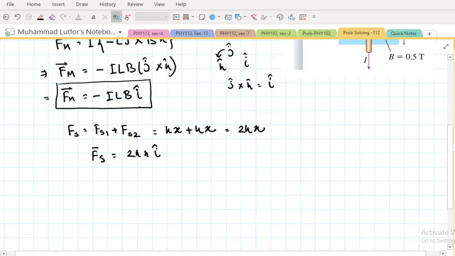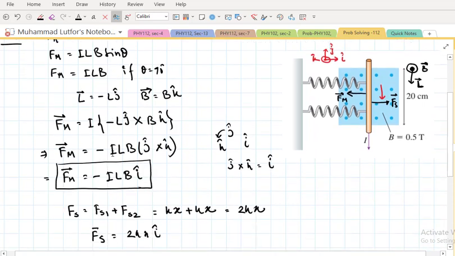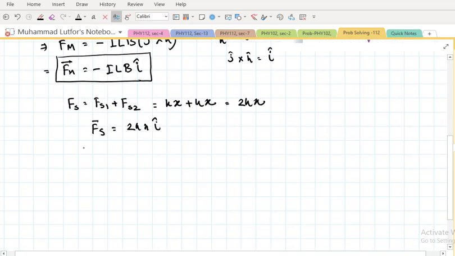Now these two forces must be basically equal, right? So now we can say this F_m must be equal to this F_s. Now F_m, I take the magnitude basically over here, I L B, because I can write down the net force in this case is actually 0.